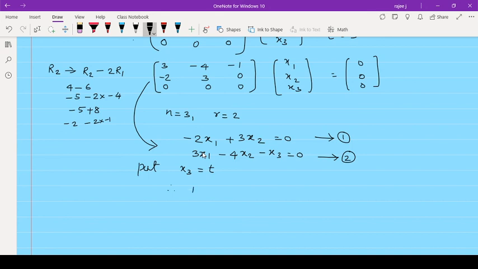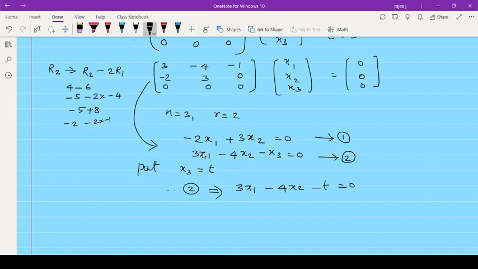Therefore, in equation number 1 there is no x3. From equation number 2 you will have 3x1 minus 4x2 minus t equal to 0.